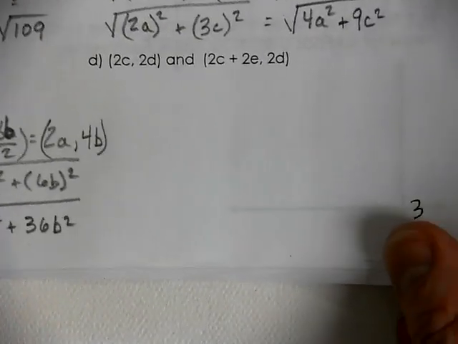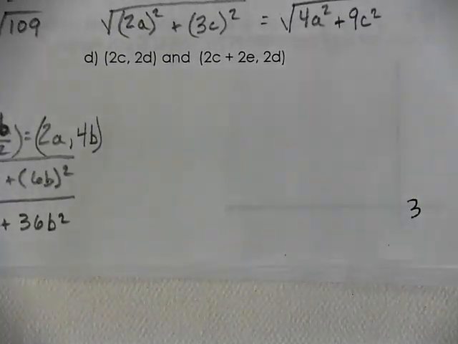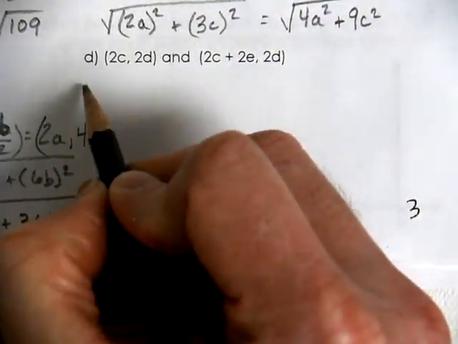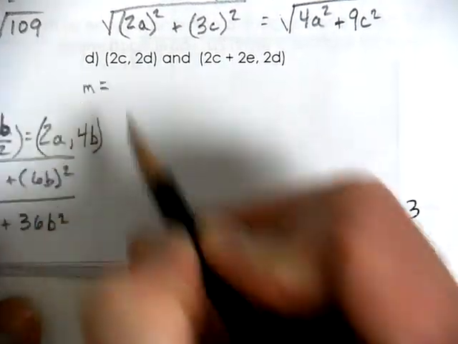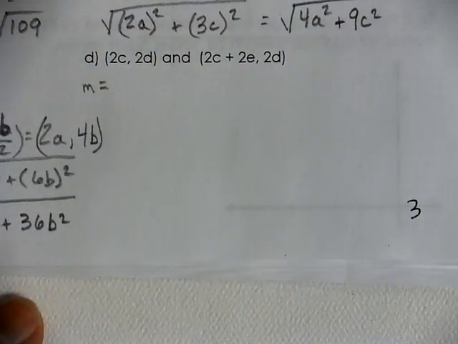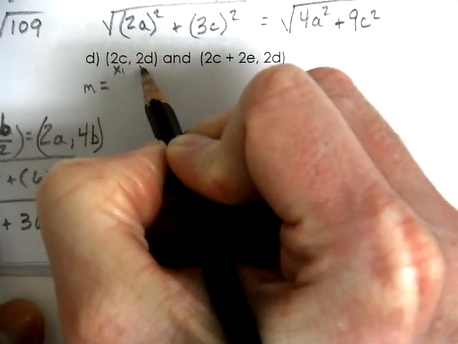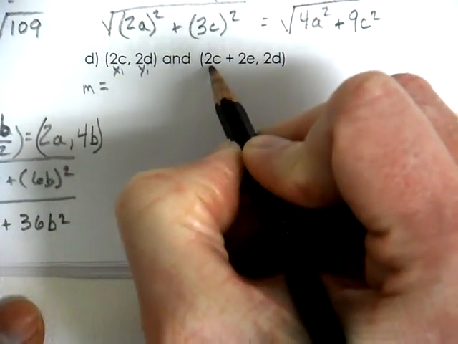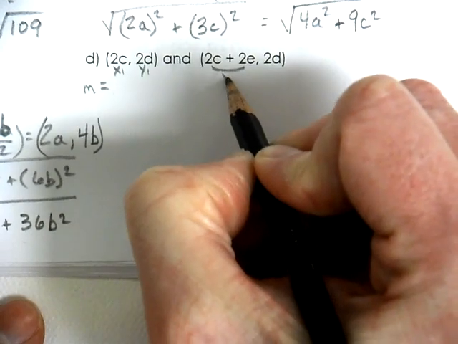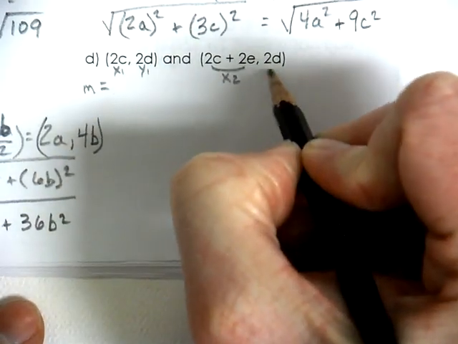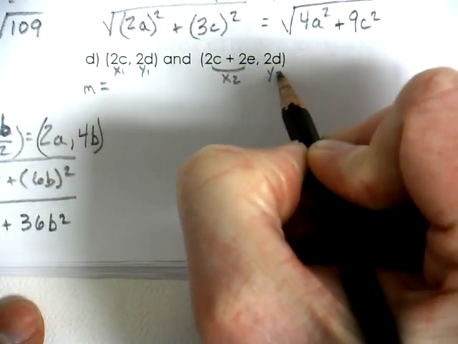Last one. So we're going to look at our slope. So we want to label our points. This would be x1 and y1. This whole thing is x2, and this little piece is just y2.